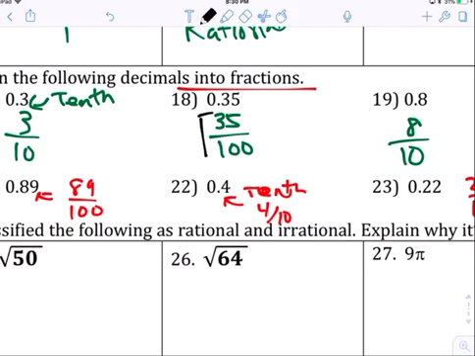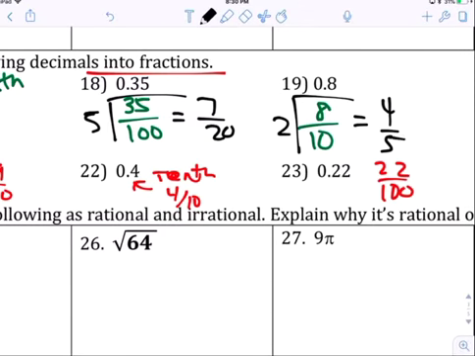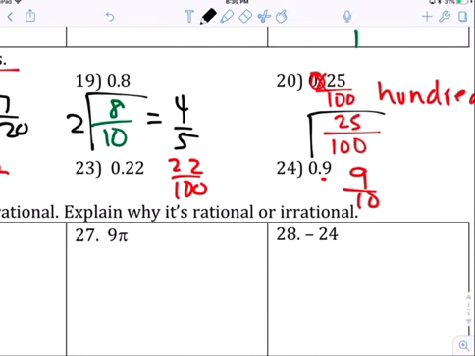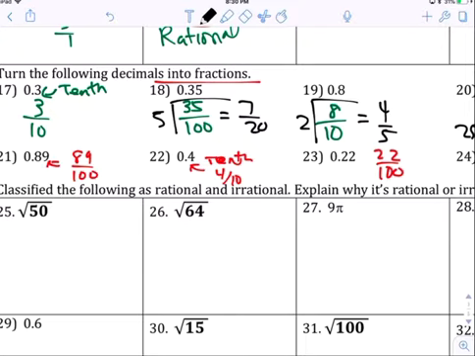I need to reduce this by 5, 7 over 20. Reduce these by 2, 4 over 5. Reduce this by 25, 1 over 4. Okay, can't reduce 89 over 100. It is already reduced. Reduce these by 2. It's 2 over 5. By 2 also, 11 over 50.